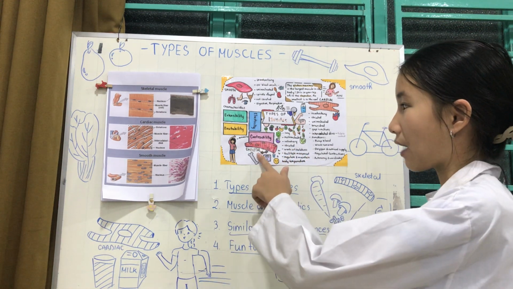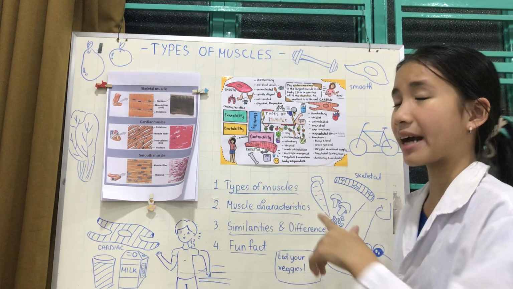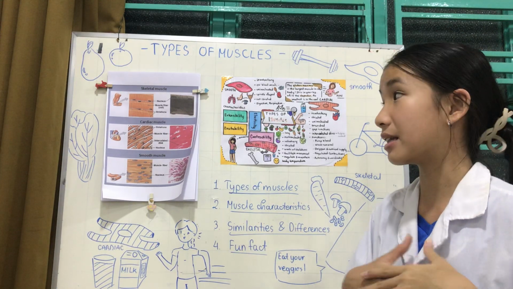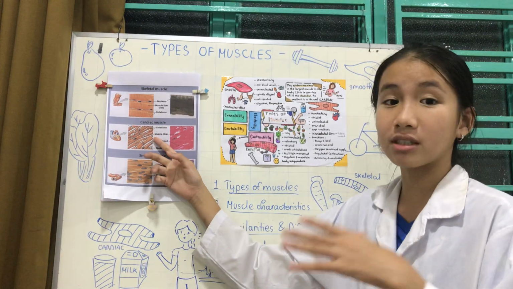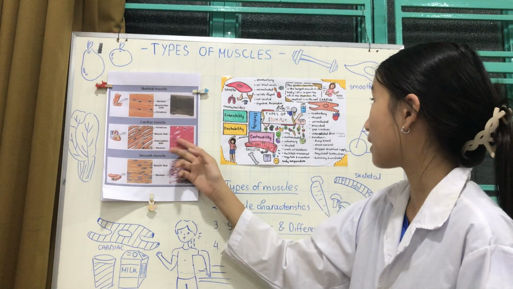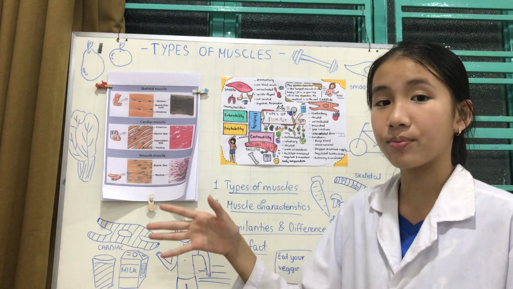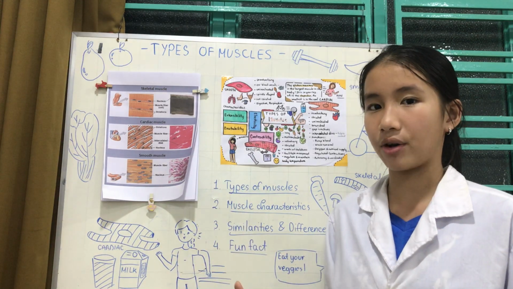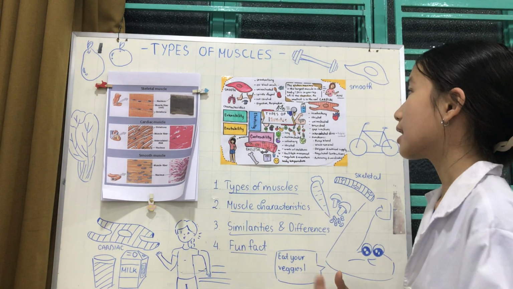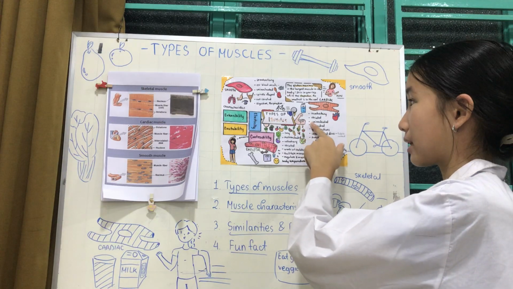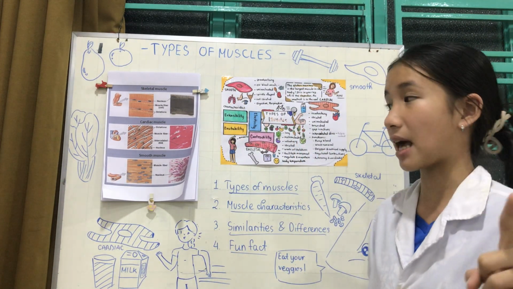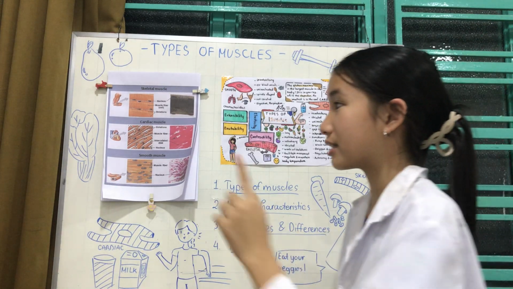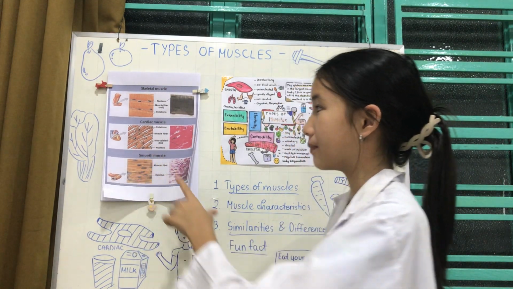Next is the cardiac muscle fiber, which means that it is in the heart. And as you can see here, it has striations, it is striped like the skeletal muscle. It is involuntary movement, which means that we don't think about it and it just works. It is uninucleated like the smooth muscle, which means it only has one nucleus for each cell, as you can see on the board here.